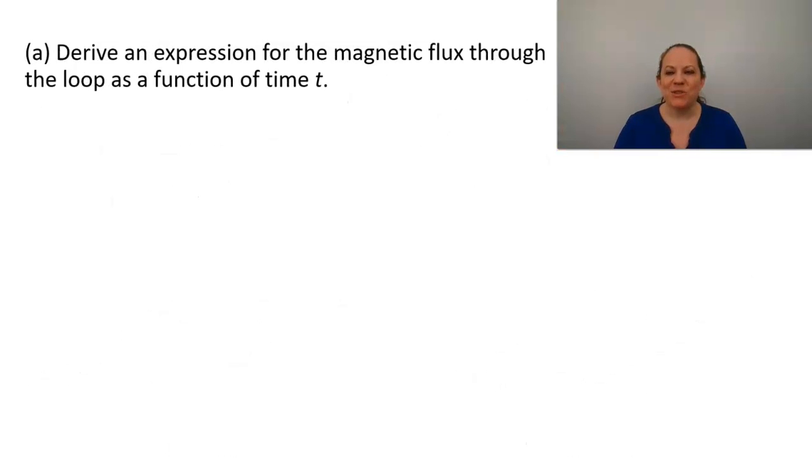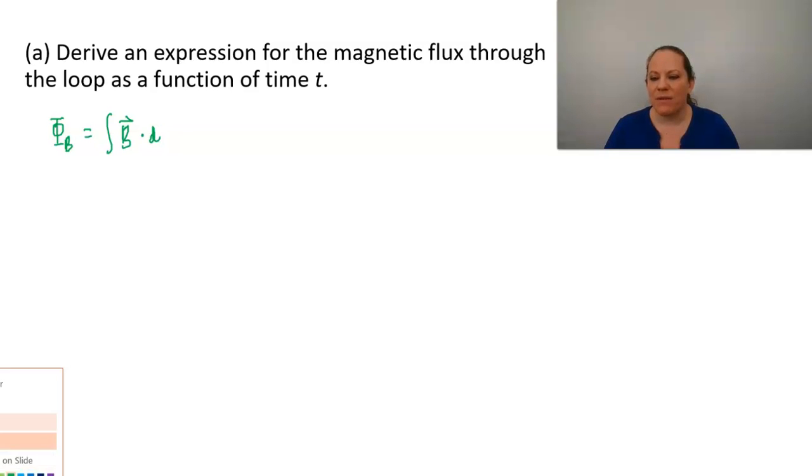Part A, derive an expression for the magnetic flux through the loop as a function of time t. So we're first of all going to remember that our magnetic flux can be found as the integral of the magnetic field dot dA.